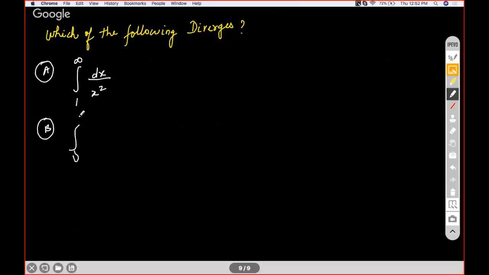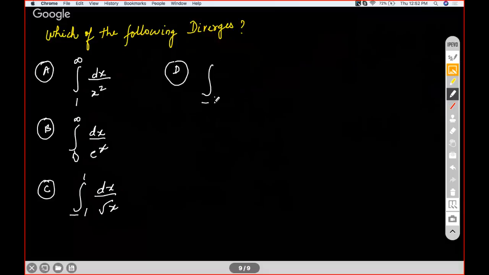Option B, integral from 0 to infinity of dx by e to the power x. Option C, integral from minus 1 to 1 of dx by under root x. Option D, integral from minus 1 to 1 of dx by x square. Option E, none of these.